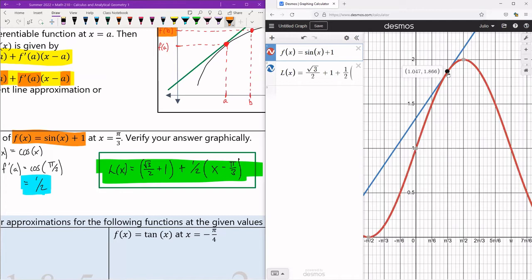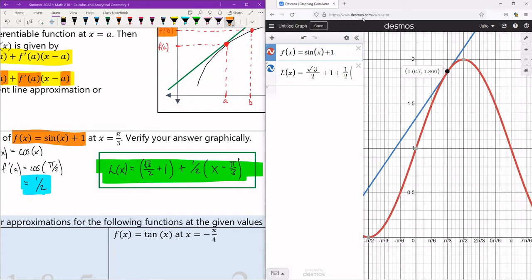Okay. So the idea behind the linear approximation is that for points really close to pi over 3, we don't actually have to compute sine of x plus 1. We can go ahead and use linearization, our L of x formula, to get a nice approximation to that value.